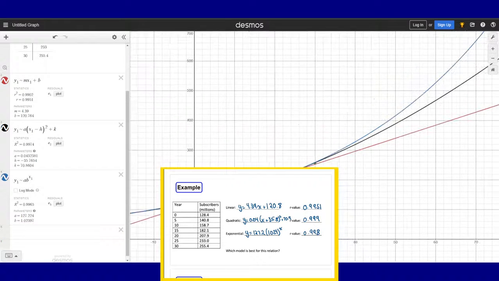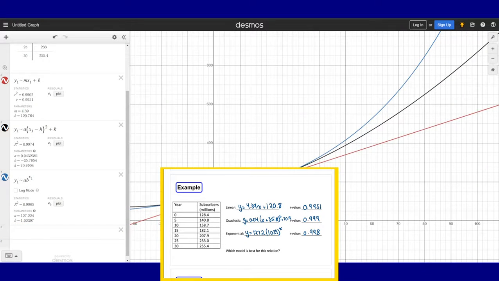If we expand to see how it's going to continue, this may give us a better idea. The blue one starts to drastically increase. Have we seen any drastic increases yet? No, not really. We haven't seen anything concerning, especially over 30 years.